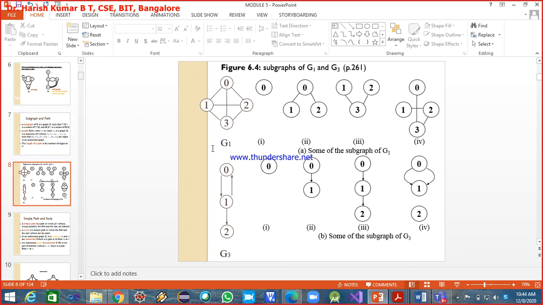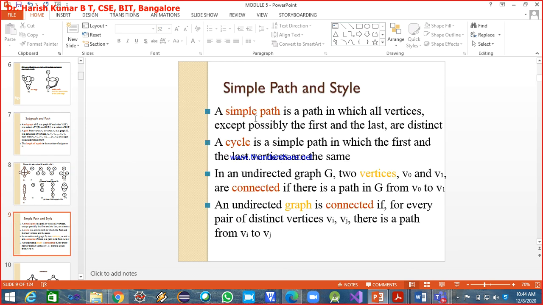Now we are trying to understand the meaning of a simple path. What is a simple path? A simple path is a path in which all vertices except the first and the last are distinct.